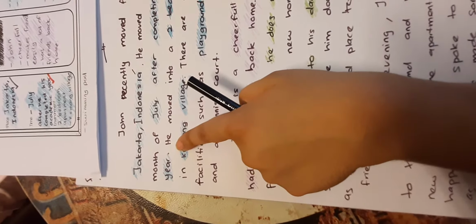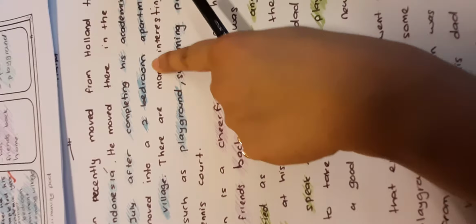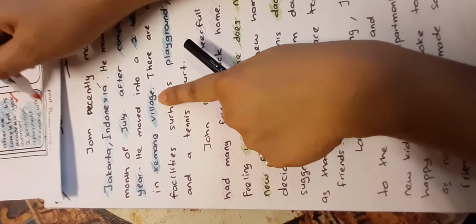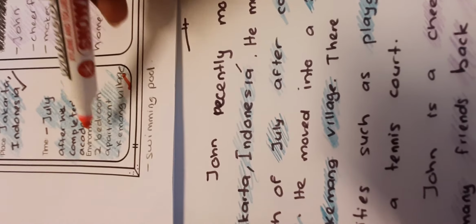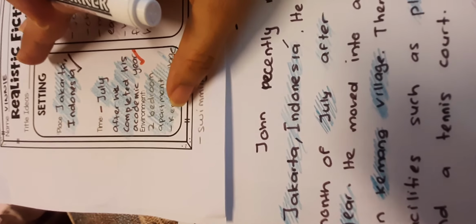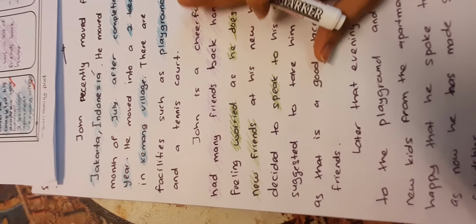Next one. He moved into a 2-bedroom apartment in Kemang village. So now here I've even used the third detail, right? Because Miss Winnie mentioned 2-bedroom apartment, Kemang village. So the idea is you need to use all your descriptive information into your realistic fiction.